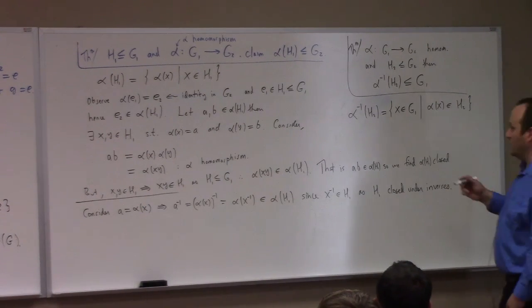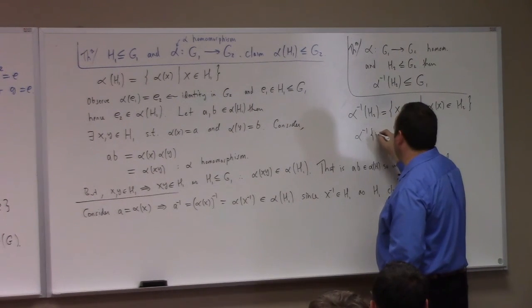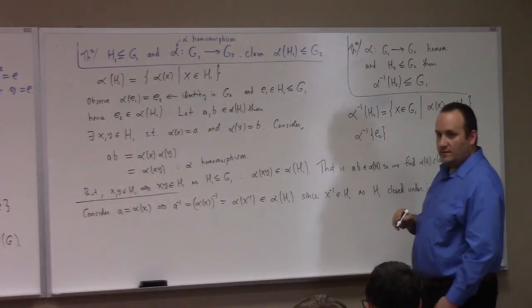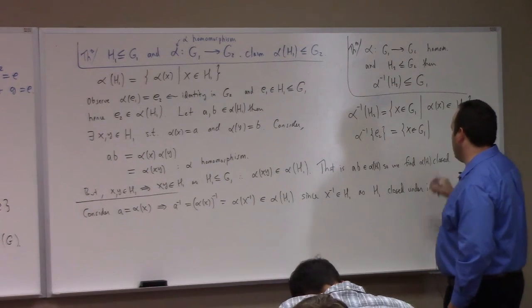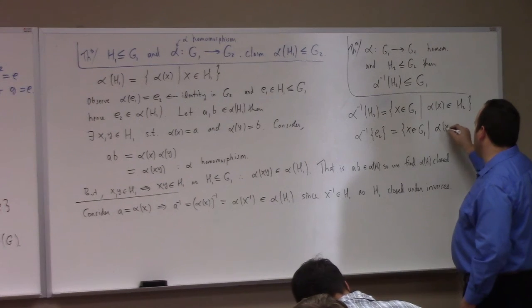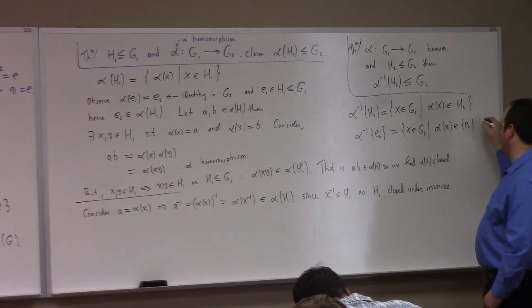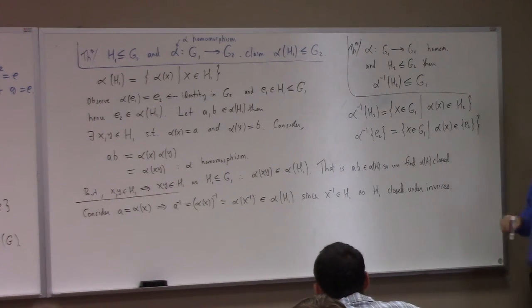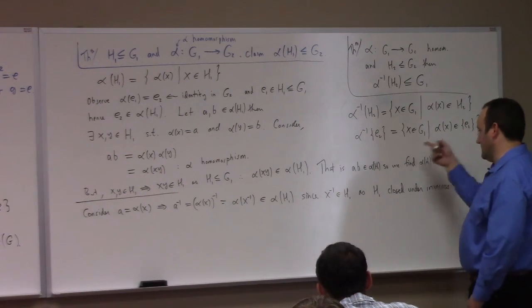A critical example of this, of course, would be alpha inverse of the set containing E2, right? That would be x in G1 such that alpha of x is an element of E2. But this is very silly. This is, of course, equivalent to the equation alpha of x equals E2. And in fact, this inverse image has a name. What is this?